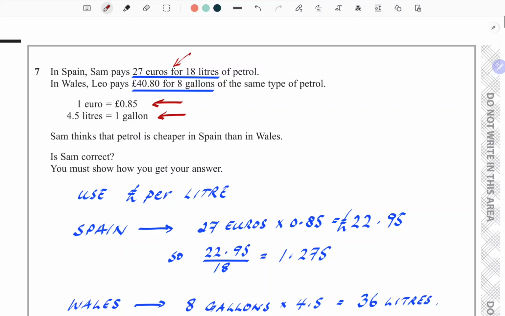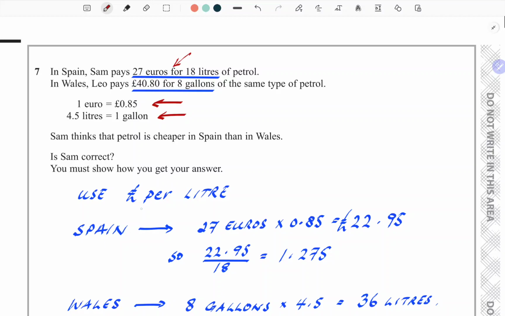Now, you can do it any which way. You can keep it as euros per litre, and then convert the values in Wales to euros and then to litres. You could keep it as euros per gallon, pounds per gallon, whatever you choose, as long as you are consistent and you work out the same values for both.